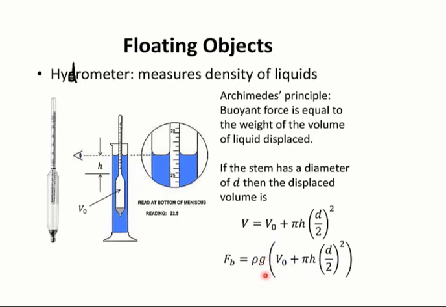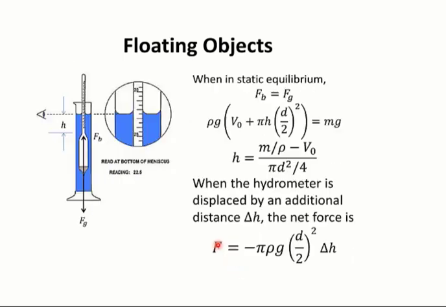So this is the total weight of the liquid which would have occupied this volume. Okay, so this is the buoyant force. Now, in equilibrium position, this buoyant force is equal to the weight of this hydrometer, right? So let's call that mg.